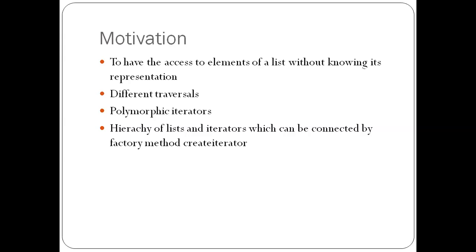Then we can have an iterator, and we solve this problem using different types of iterators also, which we will see in the structure and implementation, and we will address how we can solve different traversals and how we can have different iterators also.